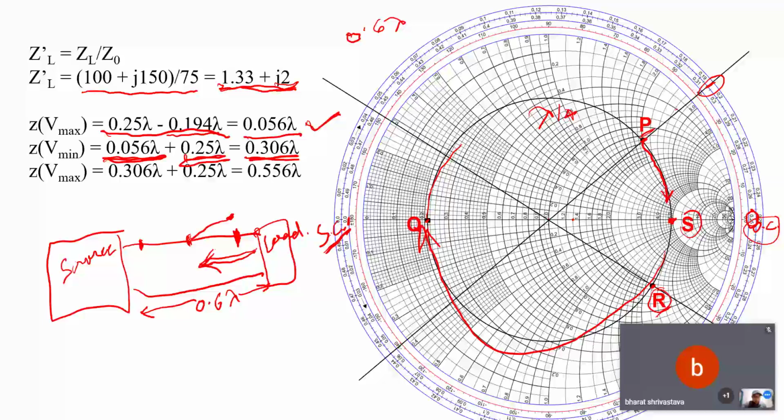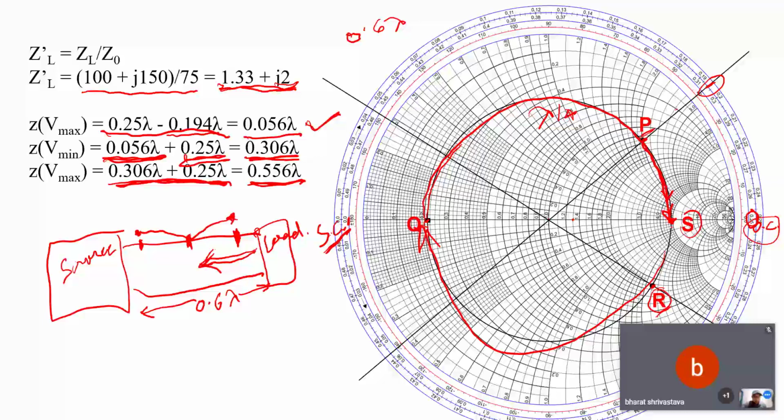After moving lambda by 4, so here I am adding lambda by 4, this represents voltage maxima again. So here you will get two maxima and one minima.